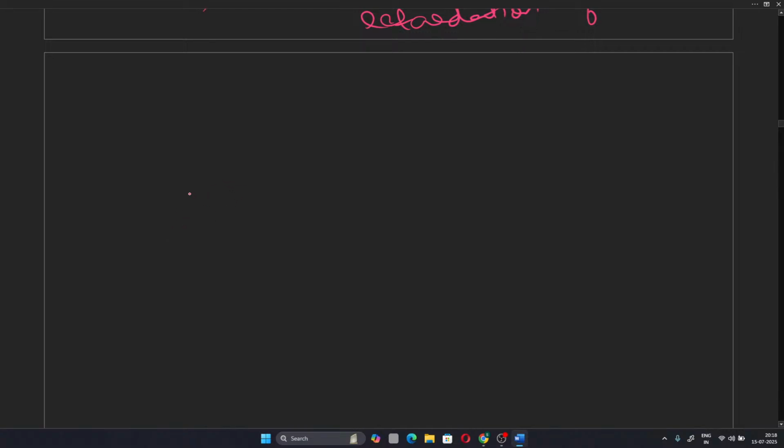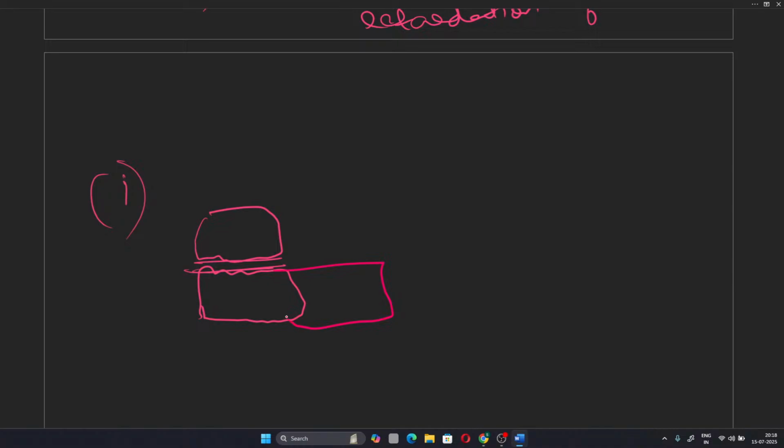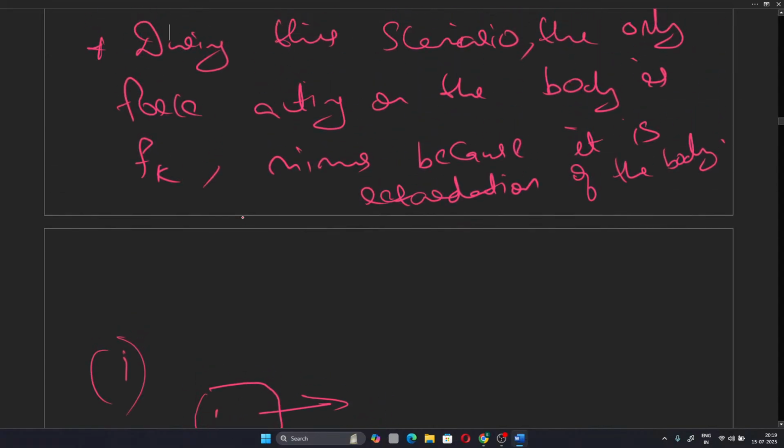Let's consider two cases. First case: there are two blocks on each other, one rough block like this, and one more block like this. They are in contact here. Let's make this rough block a little longer, and this block is moving.